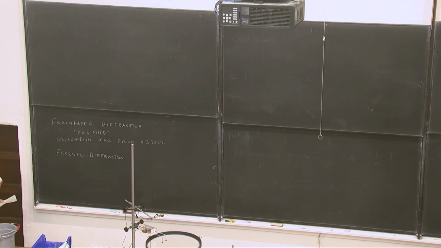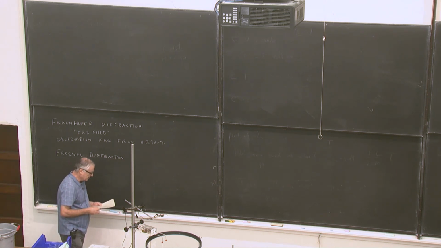So instead of, say, a linear dependence of the phase, depending on the position of the aperture, we could actually get a quadratic dependence. And so our patterns can be different.